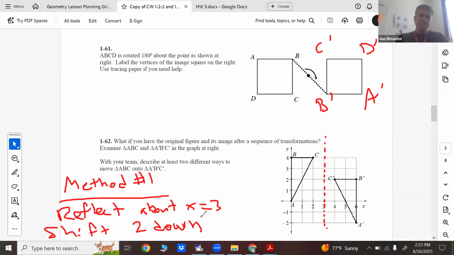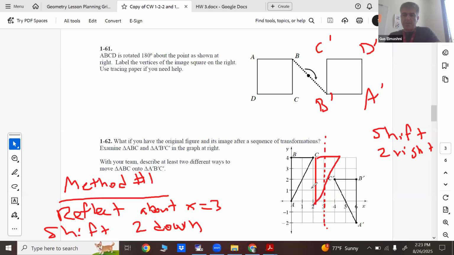You could shift it to the right, because if I shift to the right, then it looks like this. And then I could shift 2 down.